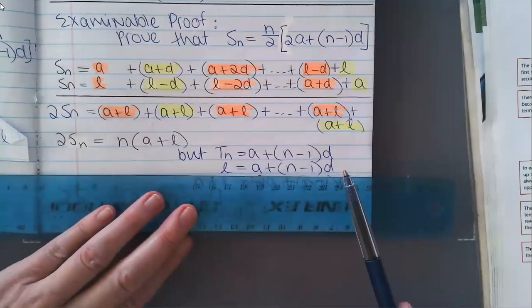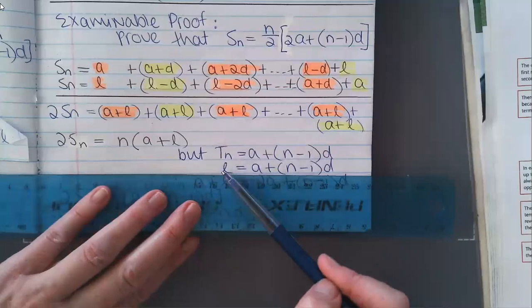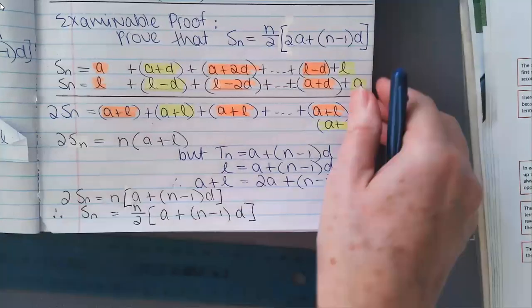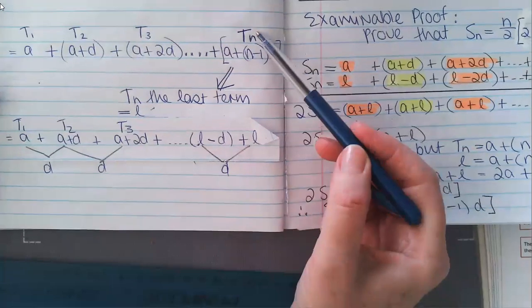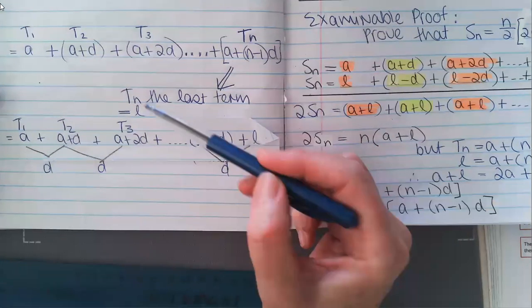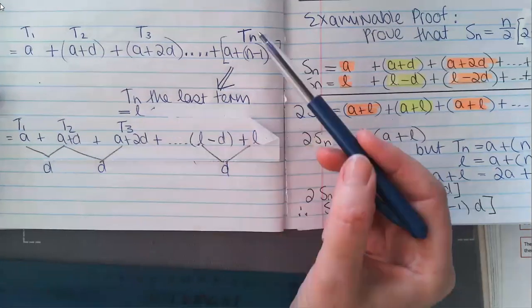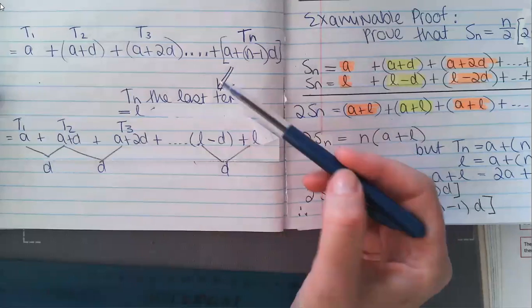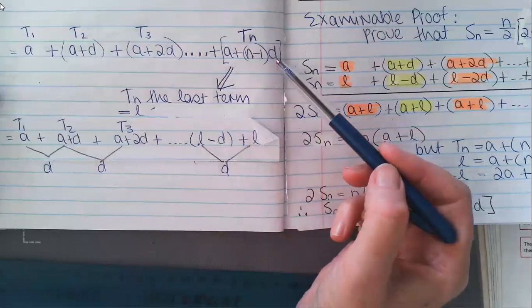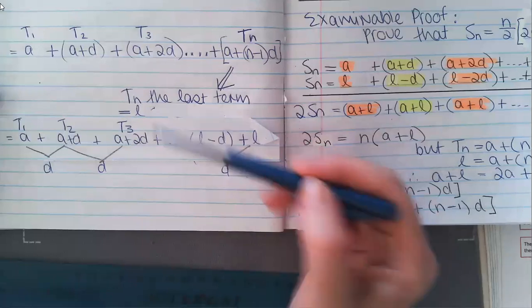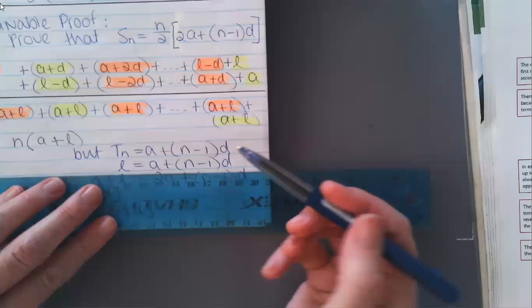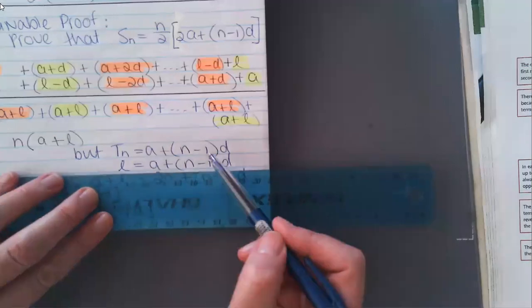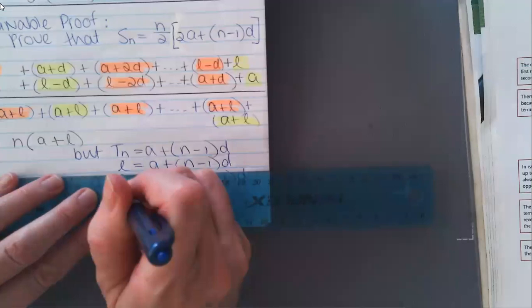And the Tn is also the L. You remember we said here, the last term is called Tn because it's the nth term, and we name the nth term L. So the formula for Tn is A plus N minus 1D. So that is also the formula for the L.